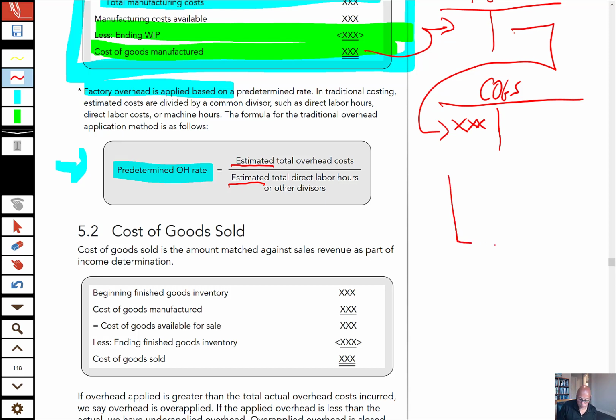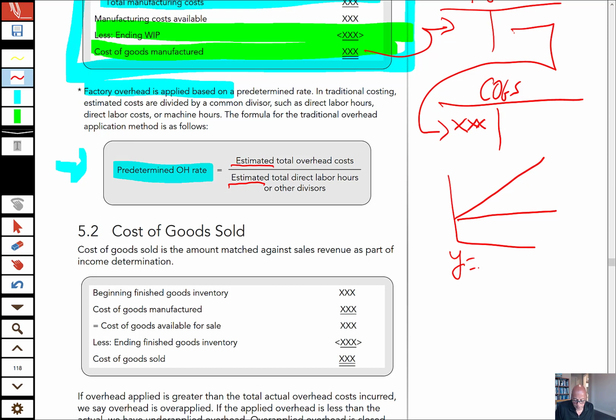Okay, and we can use something very accessible these days in Excel. There's a way to do a regression analysis that will allow you to come up with a function for your overhead.